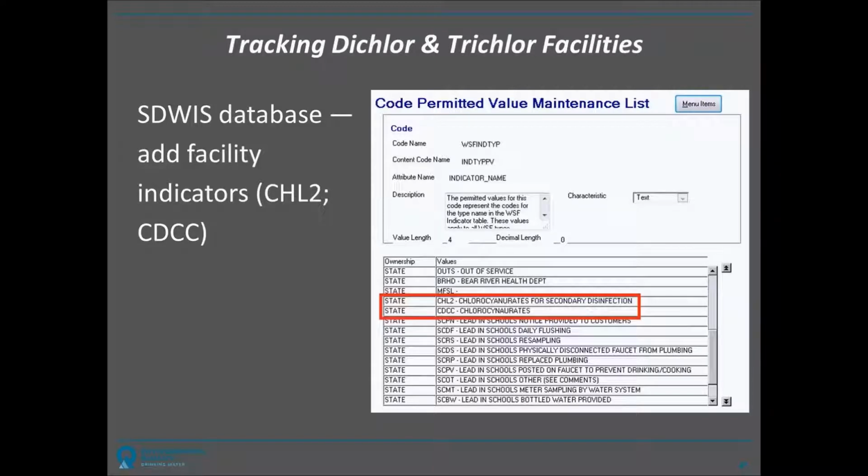We added two Utah-only indicators, and here's a screenshot of this. We have one that's called CHL2. That's so we can tag a facility in our database, indicating it's for chlorocyanurates for secondary disinfection, or a second indicator, CDCC, means they're just using chlorocyanurates.